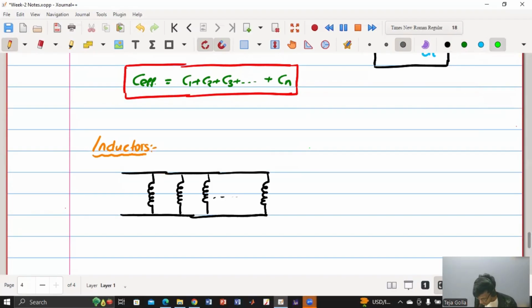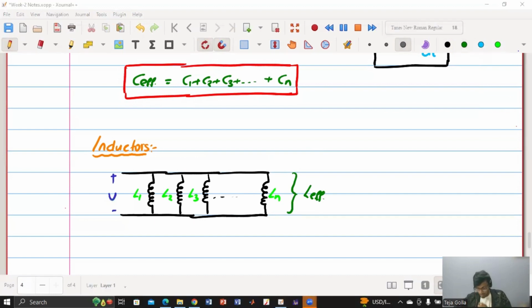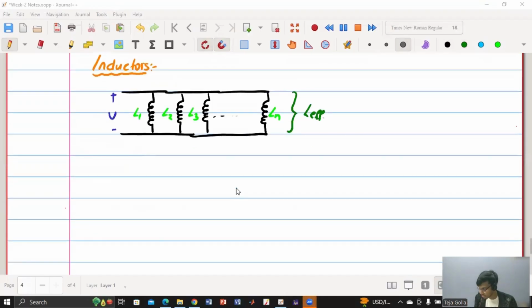So we have here L1, L2, L3 up to so on Ln, and I'm asking about L effective, given the voltage is the same because they are connected in parallel. So 1 by L1, 1 by L2, 1 by L3, and so on. Yes, Bhuvan, Girikesh, and Nadarajan, this is correct.